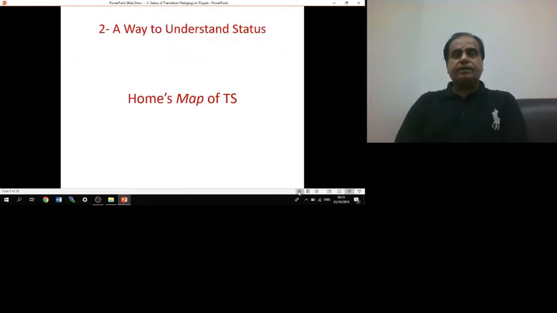The second point is a way to understand the status of translation pedagogy, and we are using Holmes' Map of Translation Studies to understand this. Holmes' Map is a somewhat detailed description of translation studies, and it gives a very good idea of what translation studies is.